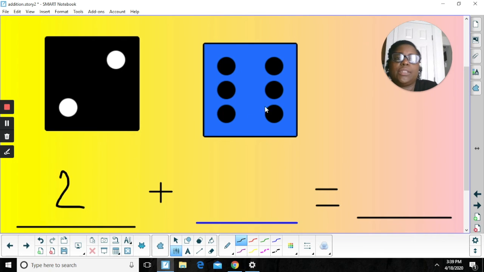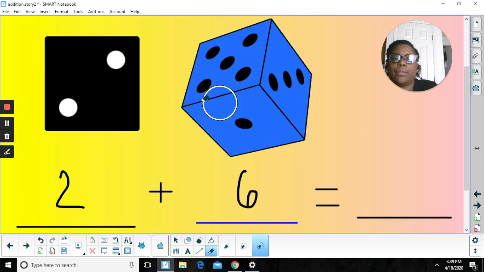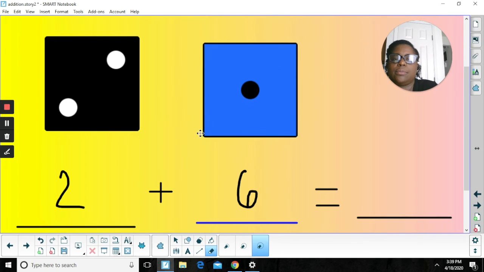How many dots do you see on this die? So let's count them. 1, 2, 3, 4, 5, 6. So we're going to put 6 right here. Now, push those groups together. Push them together, okay? Oops, I'm sorry.